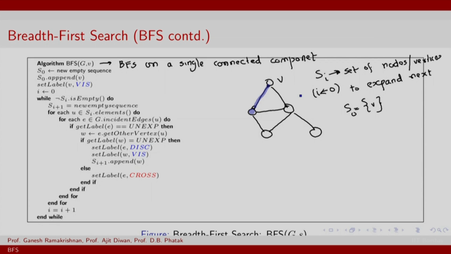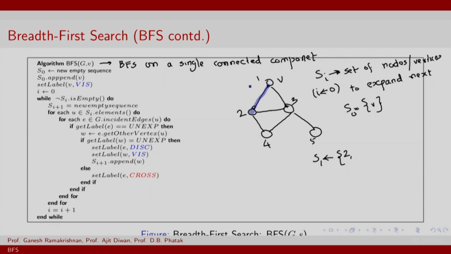E, W, and in fact you are going to add each of these to Si plus 1, which is now S1. S1 will now contain this node 2, let us just give them numbers 1, 2, 3, 4 and 5. So S1 will contain the node number 2.